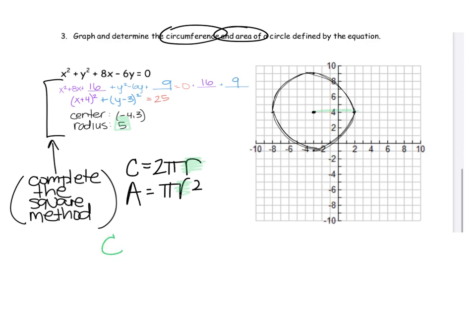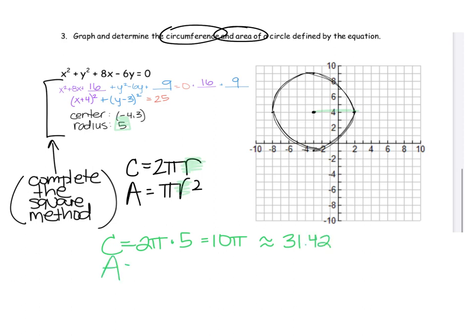So I know now that my circumference is going to be 2 pi times my radius of 5, which is 10 pi. And that's called the exact form. If you want to approximate it, you can multiply 10 by the pi button on your calculator, which is approximately 3.14. So that would give you approximately 31.42.